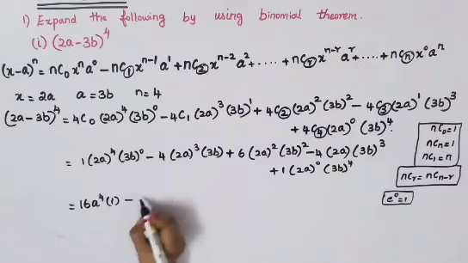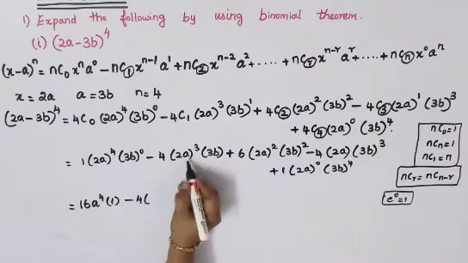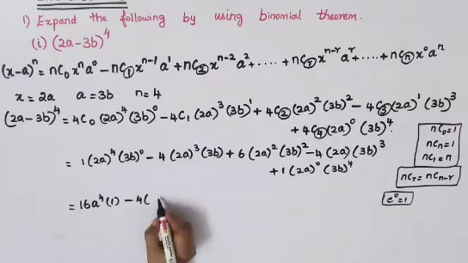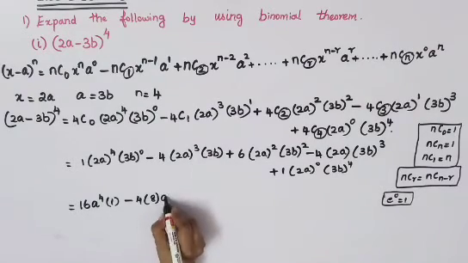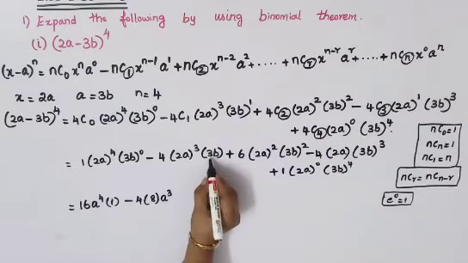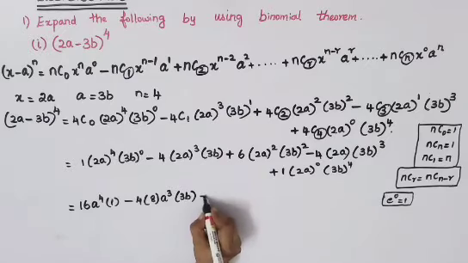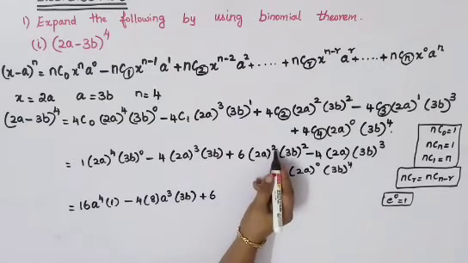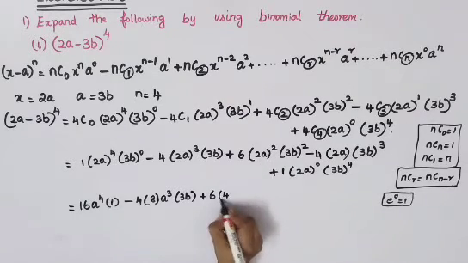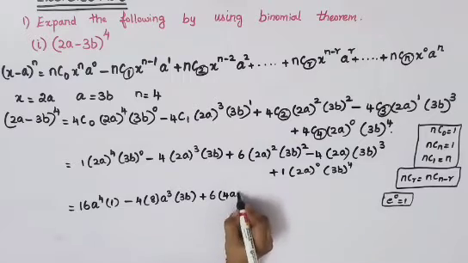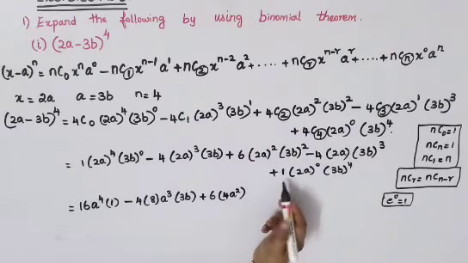Next minus, this 4 is there, (2a) cubed, that is 2 cube, again a cube, so 2 cube will be 2 into 2 into 2, that is 8, into a cube is there, so write your a cube as it is. Here 3b into 3b plus 6 into 2 square will become 4, a is there, so a square, again (3b) square.